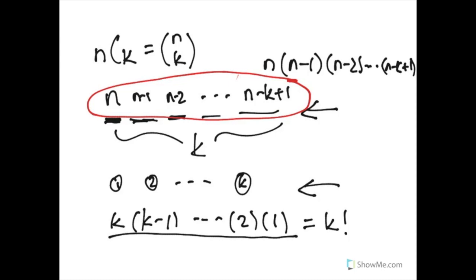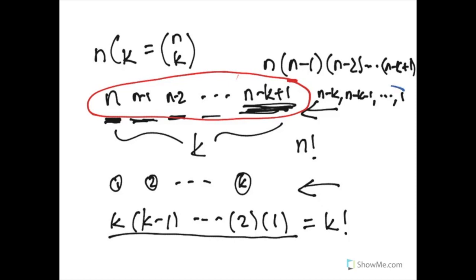So really the key point here is to notice that we basically truncated at n minus k plus 1. So if it is n all the way down to 1, then we simply have n factorial. However, we truncated at n minus k plus 1. And the rest of the terms are, of course, n minus k, all the way down to 1.